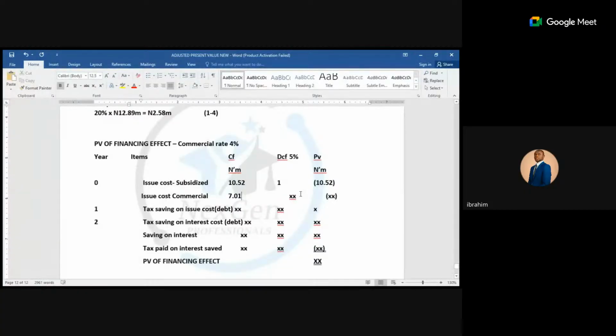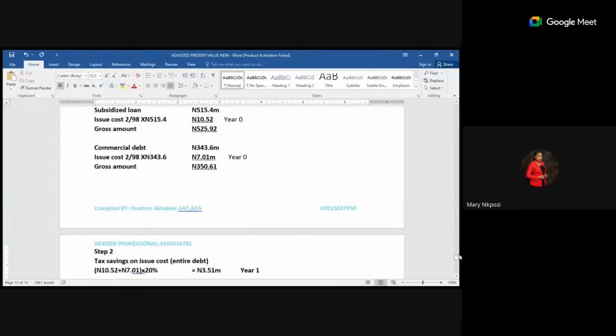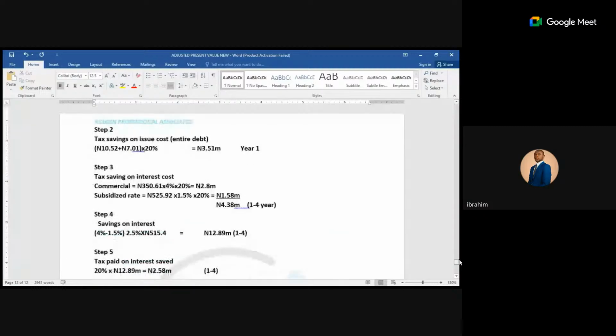We have 1, so we can have 7.01. So what is the tax savings on issue costs? 3.51.